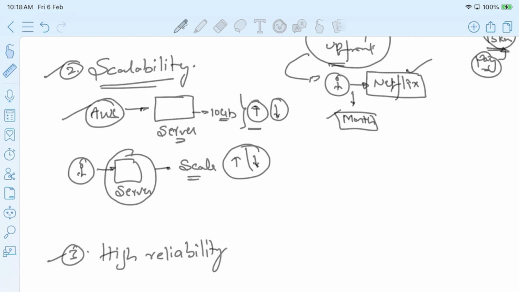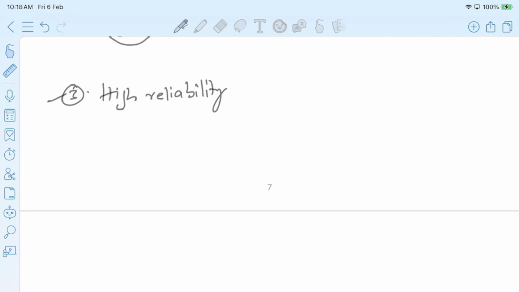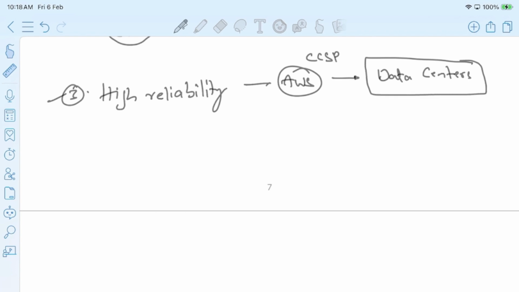High reliability. What do you mean by this high reliability? What is this advantage? AWS is a global leading cloud computing service provider, and it has data centers across the globe. What is a data center?